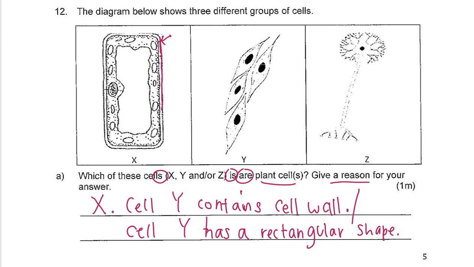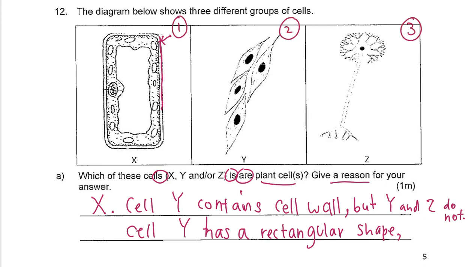Now, because you want to tell the examiner that X is the only possible answer, you will want to compare your answers against the other options. So, if you say cell Y contains cell wall, I would like you to say that, but Y and Z do not. You are comparing because there are 3 things given to you.